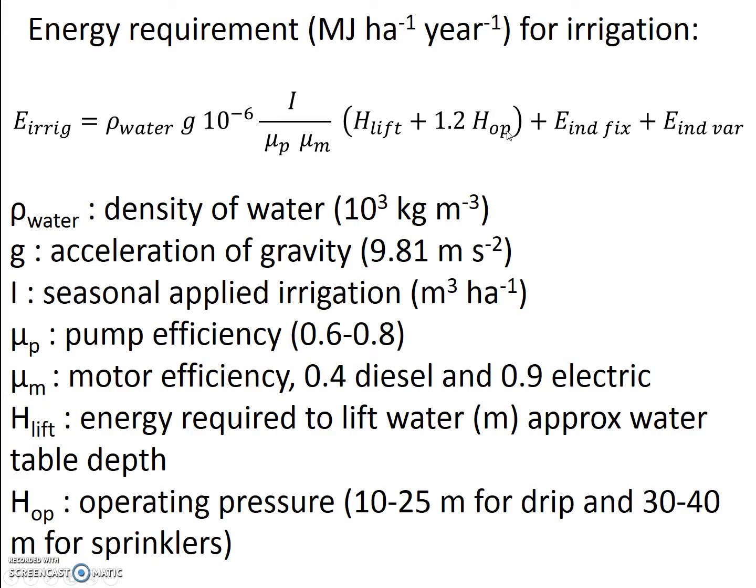It should be between 10 and 25 meters for drip irrigation and between 30 and 40 meters for sprinkler irrigation. So first we have a component that depends on the pumping cost of water. Then we have two other components, energy indirect fixed and energy indirect variable.